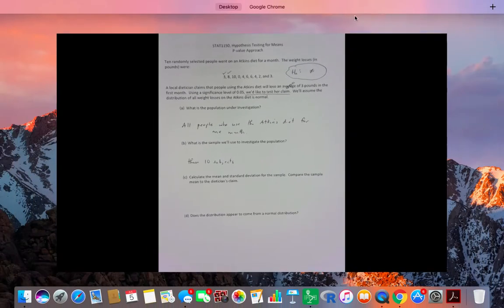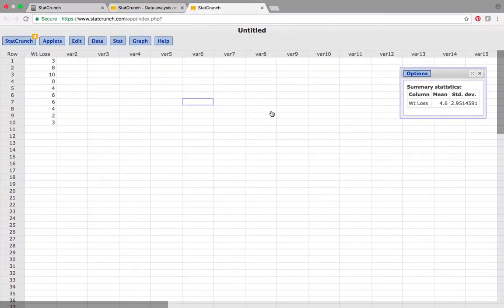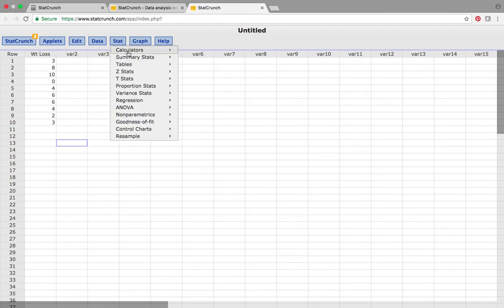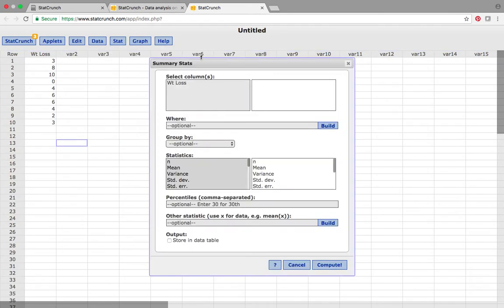claim. So guys, what I've done, I've already gone over here on Google Chrome. And I typed in the 10 measurements, and I reset the heading to be weight loss, and I typed those in very carefully. And went to stat, went to summary stat, went to columns, clicked weight loss, and then I wanted the mean and the standard deviation.